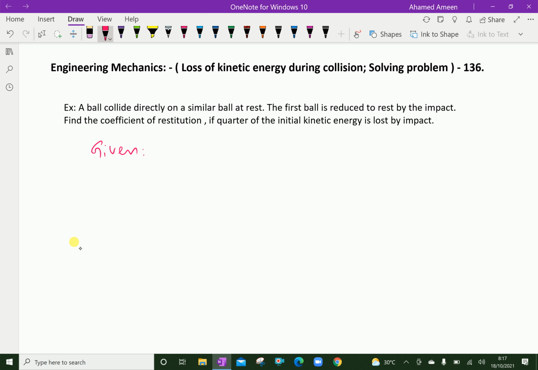First ball, second ball. Mass of the first ball m1, mass m2.